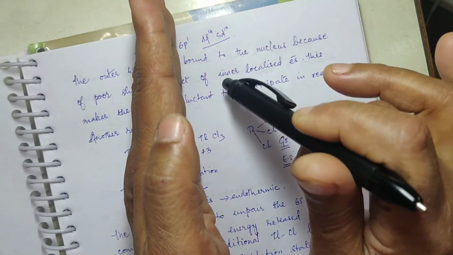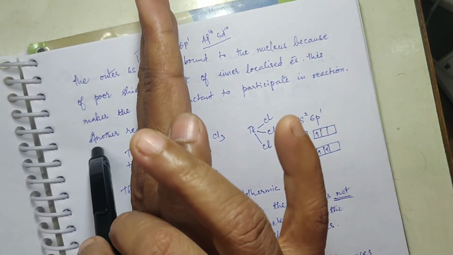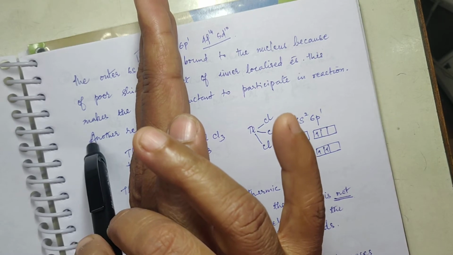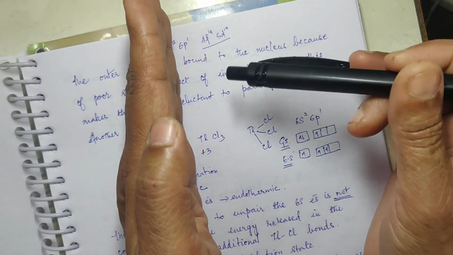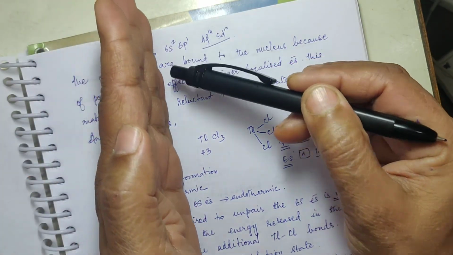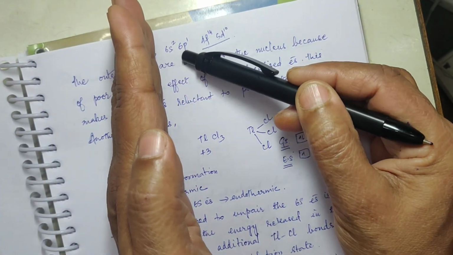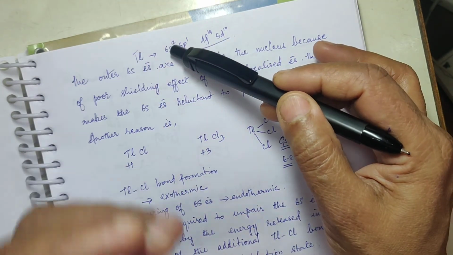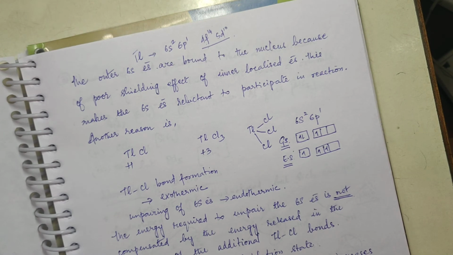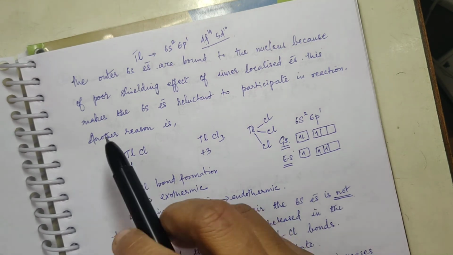The outer electrons are bound to the nucleus. They receive more attraction, so they are bound to the nucleus. In such a case, the s electrons, which are closer than p electrons, are bound to the nucleus. That is why they do not participate in chemical combination.